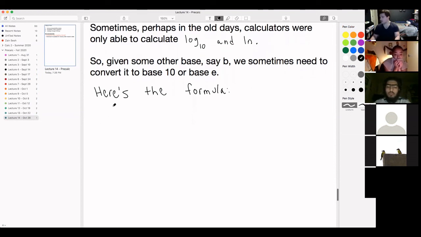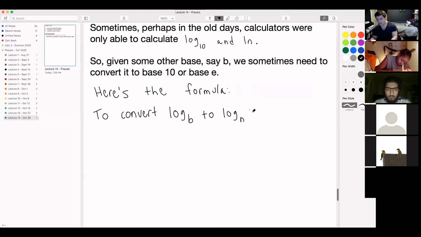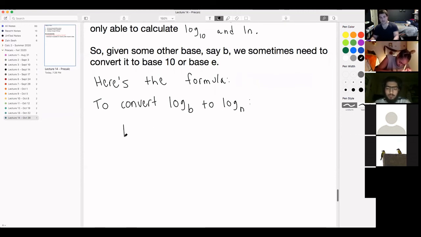Okay, good. So here we go. To convert log base b to log base n, this is what you do. Log base b of m equals, and we are given log base b, the right side will now be in terms of log base n.